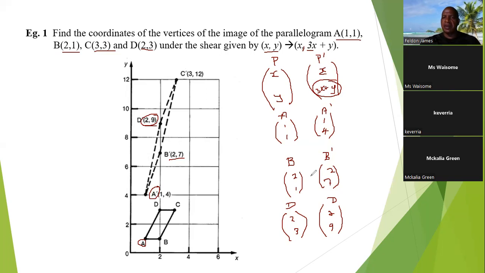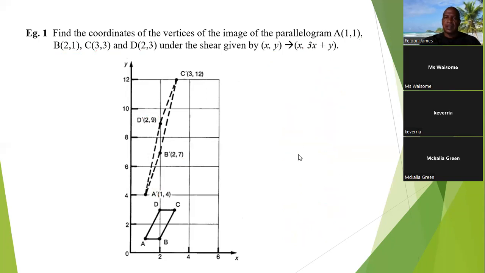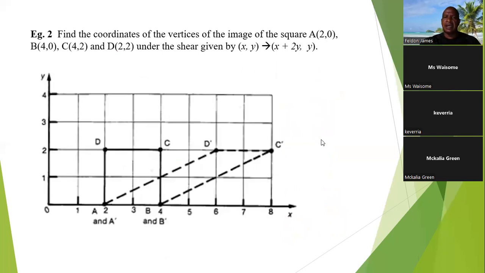You notice we bring back the x values, right? But the y value is what we actually calculate using this part. All right, so any question about that? So that's a shear parallel to the y-axis.